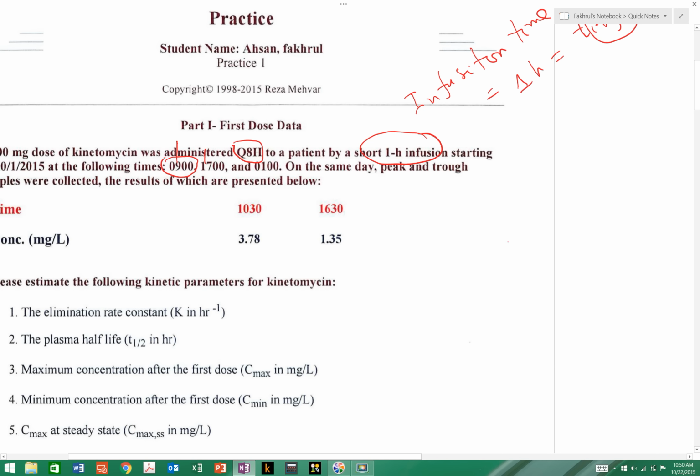Your equation is going to be K is equal to ln C peak by C trough, and then T trough minus T peak.